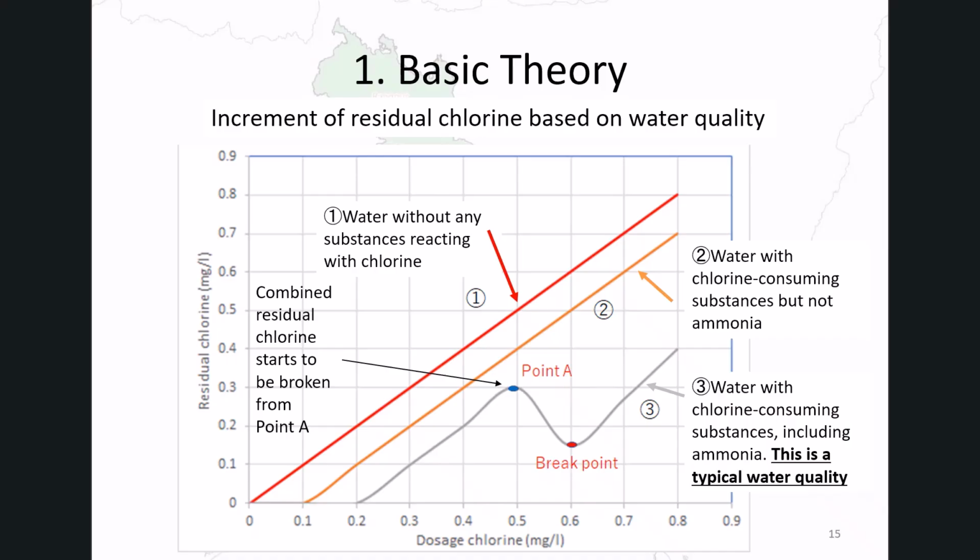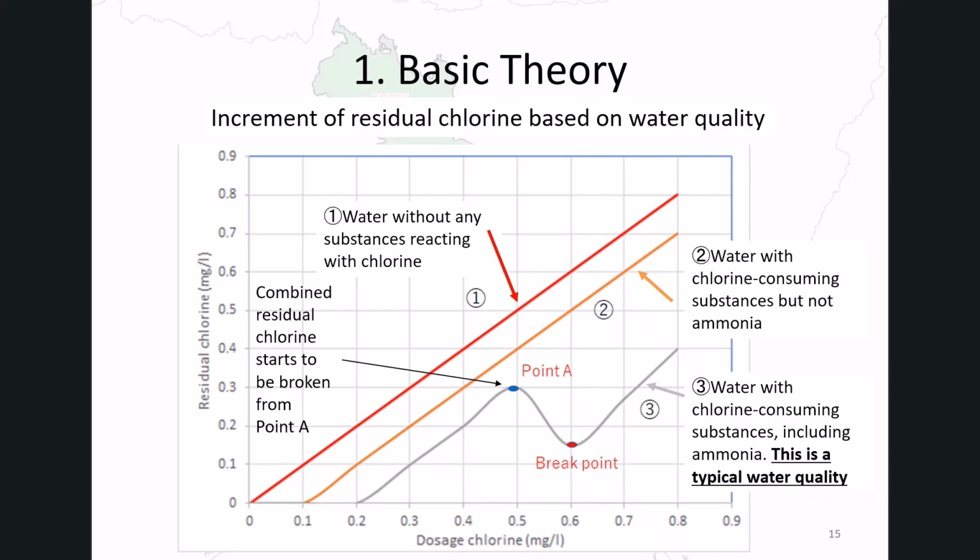In this case, chlorine first reacts with those substances, as in line 2. After that, the residual chlorine concentration increases as dosage increases until it reaches the breakpoint. After this point, combined chlorine is destroyed and free residual chlorine begins to increase.